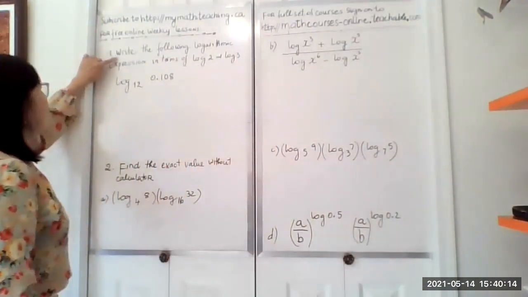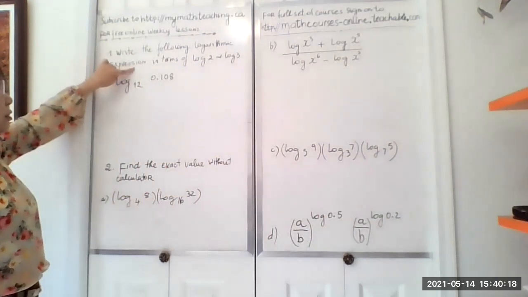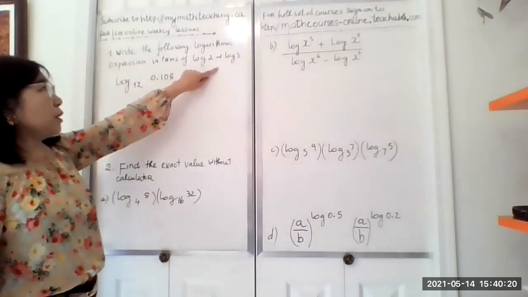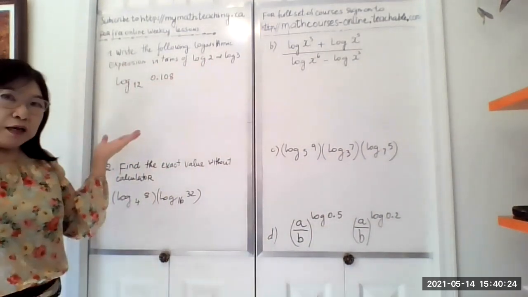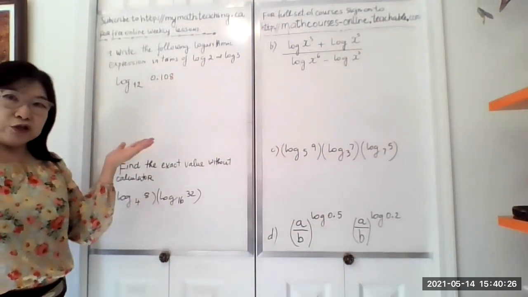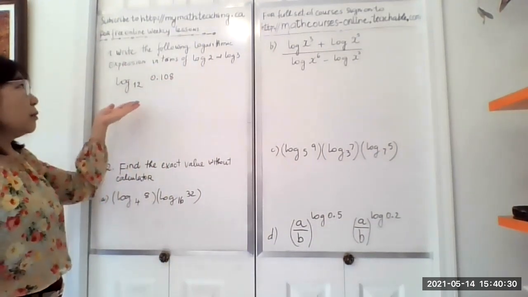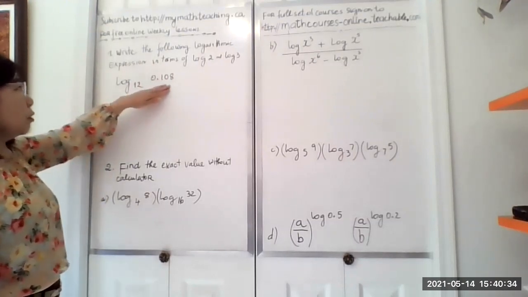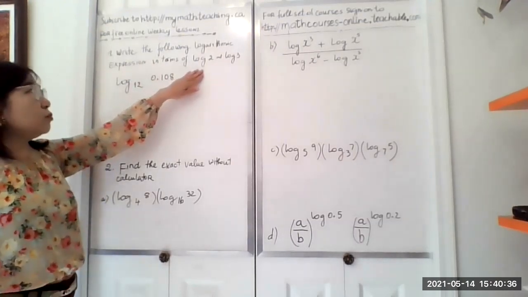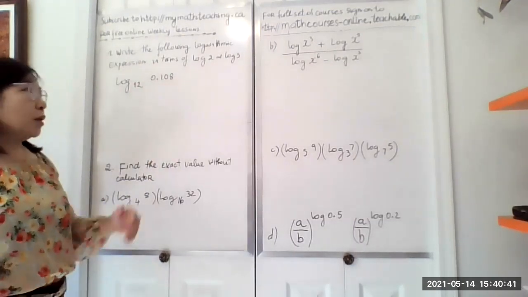So the first question I wrote: write the following logarithmic expression in terms of log 2 and log 3. So in this question, we don't have to solve an equation, a logarithmic equation, or solve for anything. We just have to convert the log base 12 of 0.108 into an expression in log 2 and log 3.